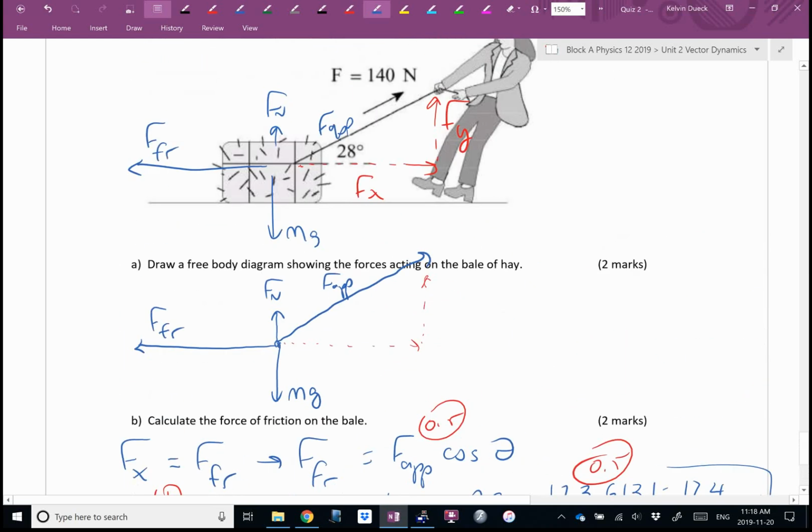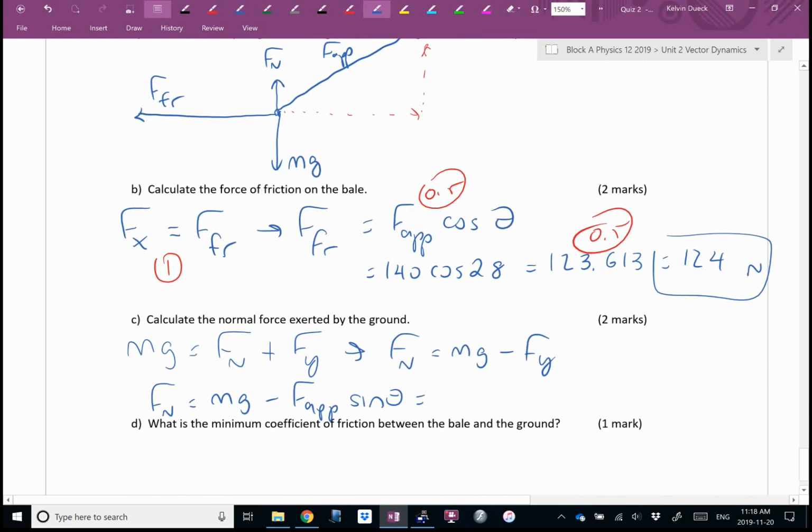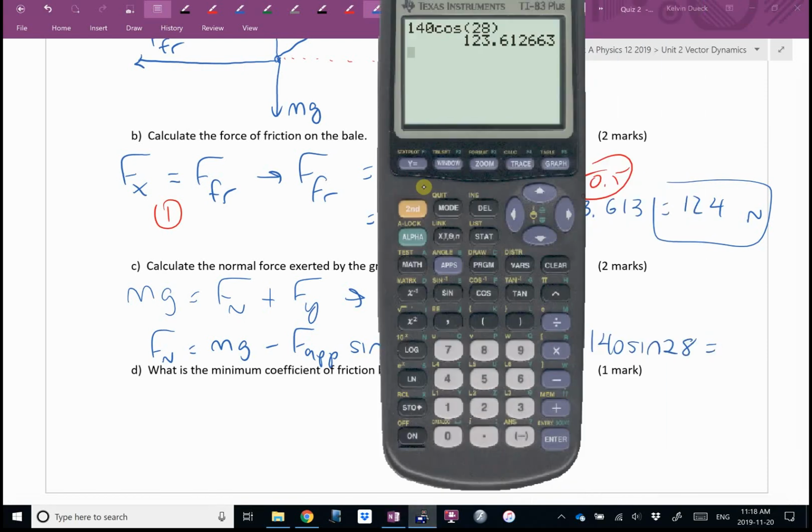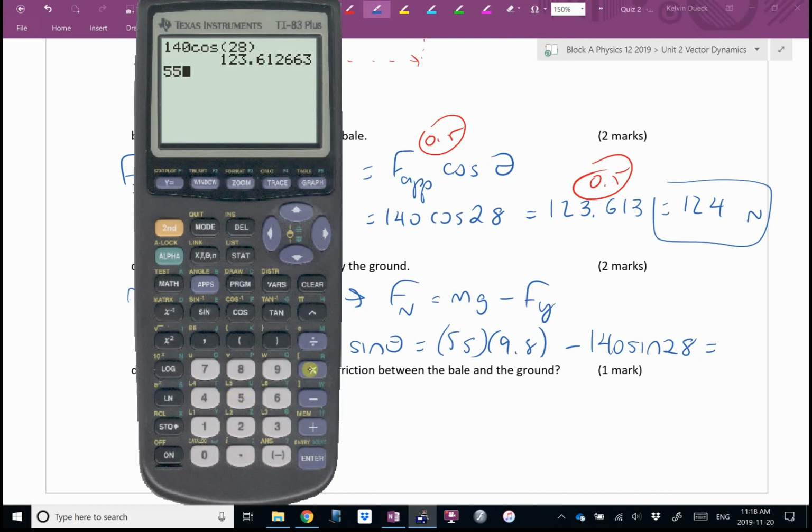It's going to be, what was m, Mr. Dueck? 55 times 9.8 minus 140 sine 28.